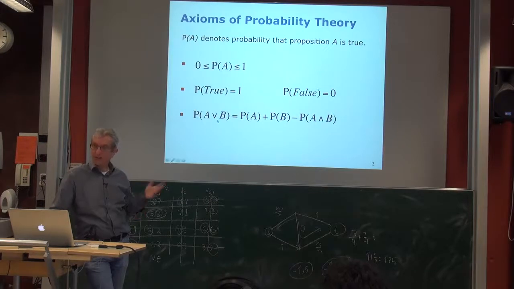It basically says the probability of A or B is the probability of A plus the probability of B minus the probability of A and B. In the literature, some people drop this last term, and it turns out that this is a mistake.